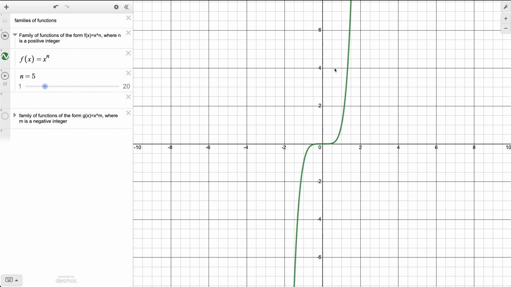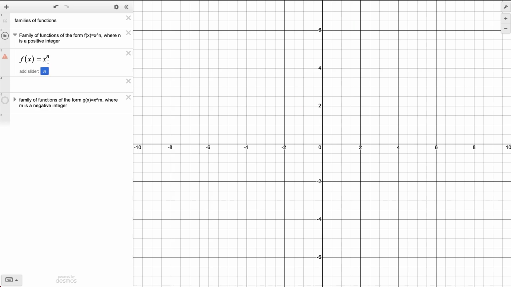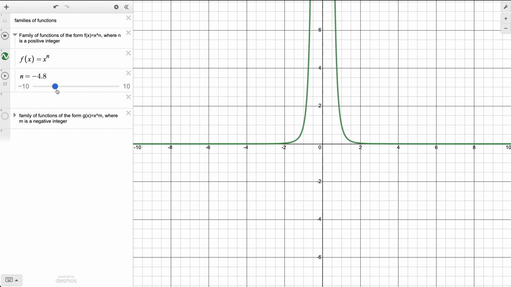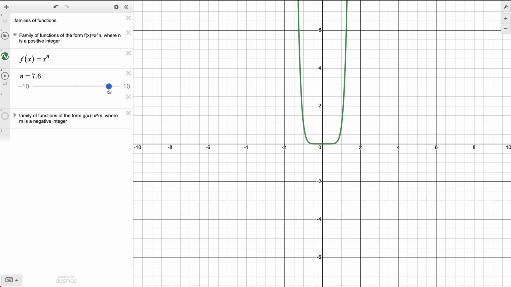And in terms of representing this in Desmos, I basically just typed this in as f of x equals x to the n, and it offered to let me make this a slider. And so this makes it a slider that has no restrictions on what the value can be. So I wanted it to be only positive values.